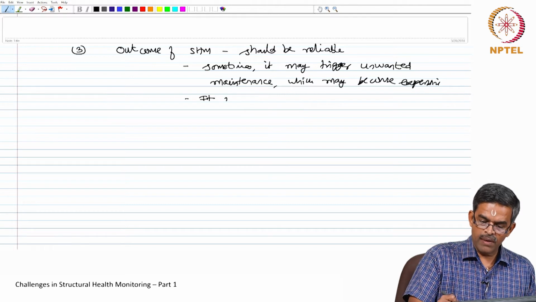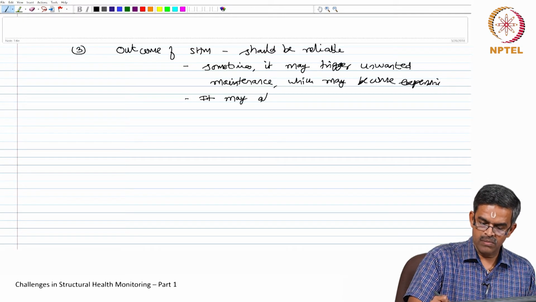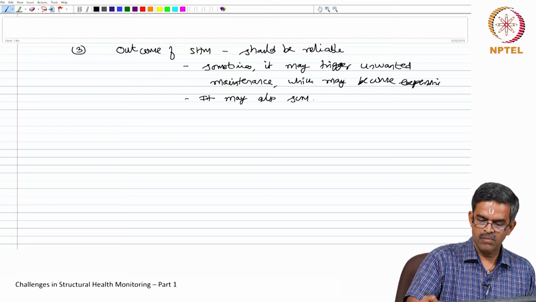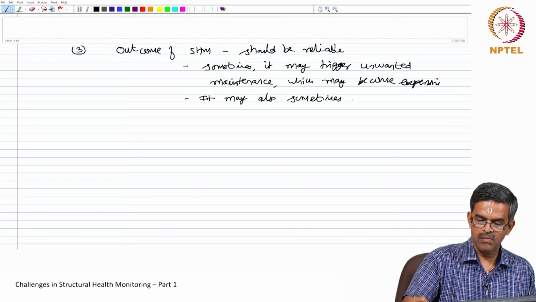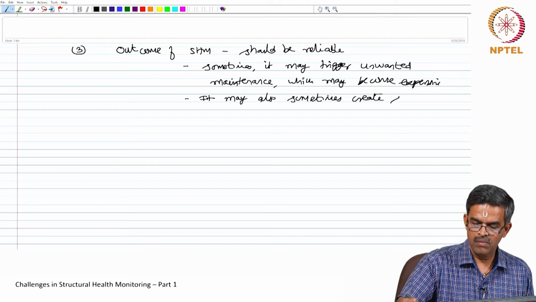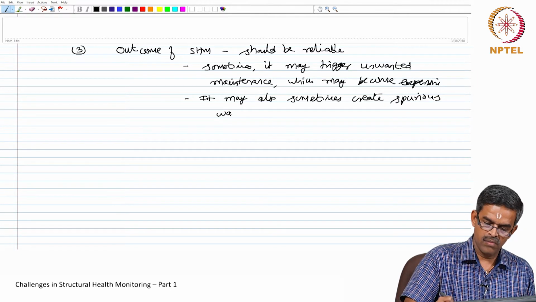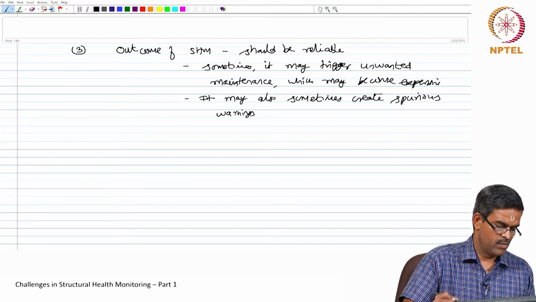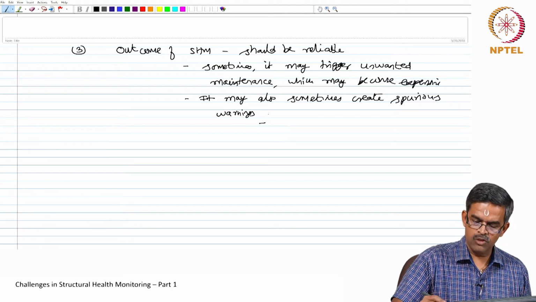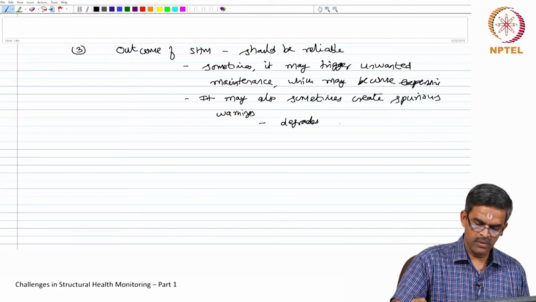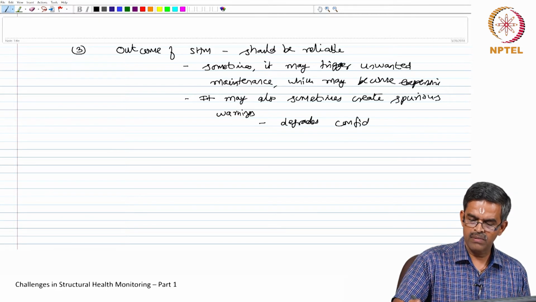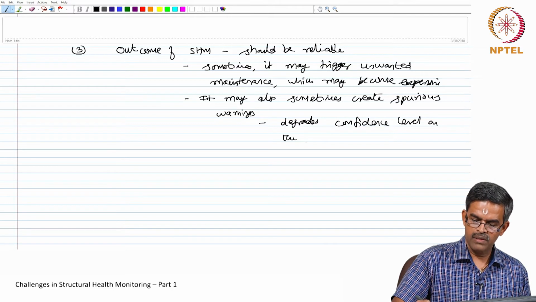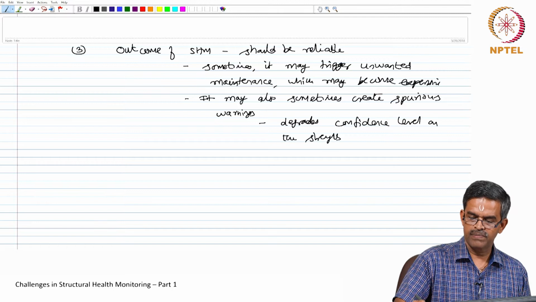It may also sometimes create spurious warnings, which should be avoided. Such situations generally degrade the confidence level on the strength of existing structure.